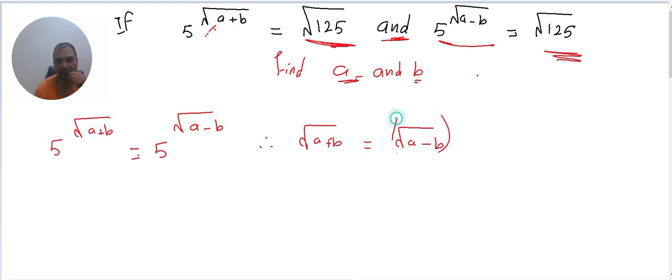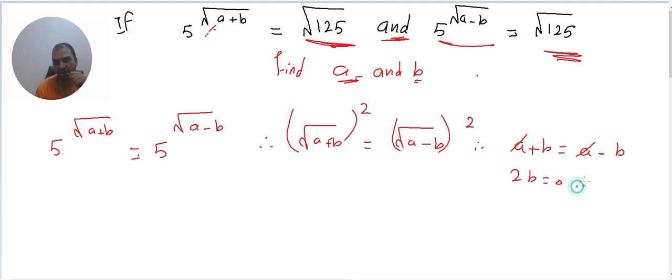If you cancel the power 2 here and here, then a plus b is equivalent to a minus b. You can cancel a by a, then twice b is equivalent to 0, so the value of b equals 0.